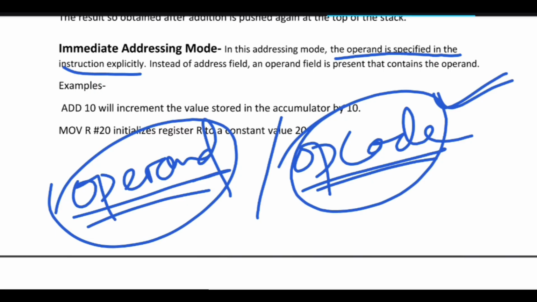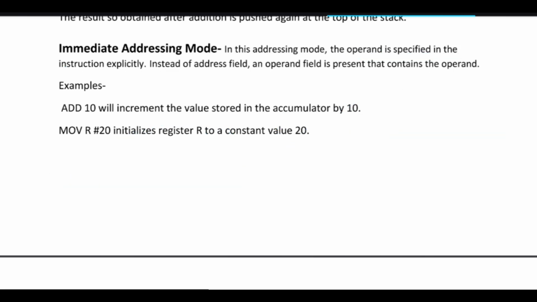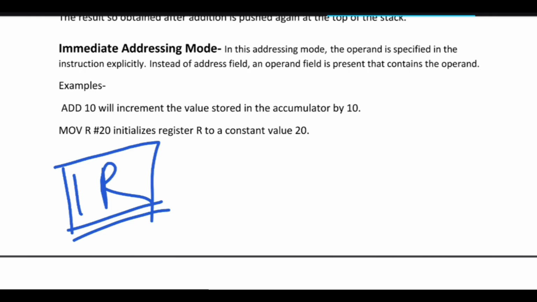So in immediate addressing, the operand is itself in the instruction. First the CPU gets the instruction from the instruction register. Then our control unit decodes the instruction register and finds the opcode and operands.